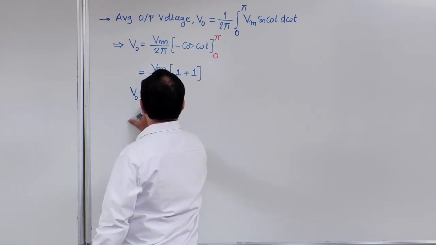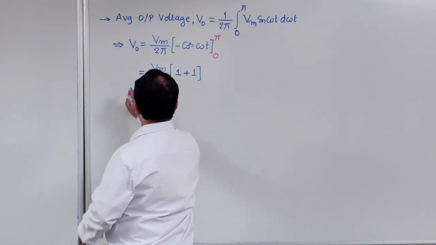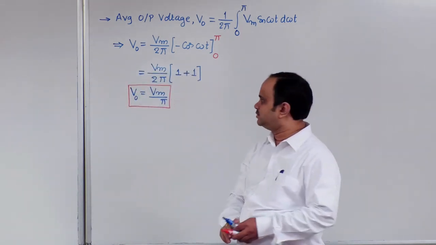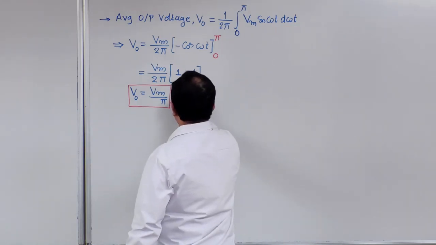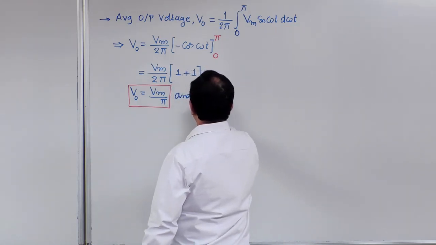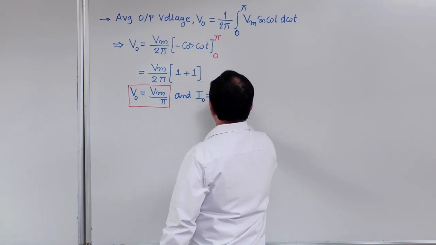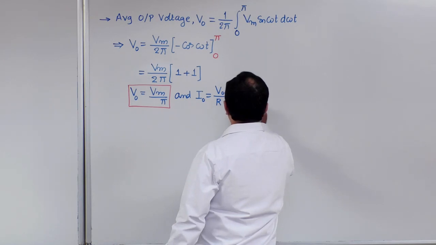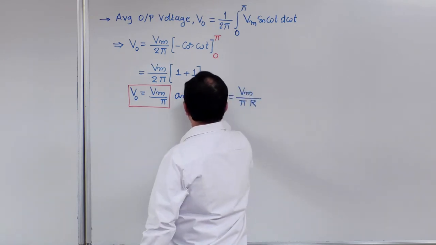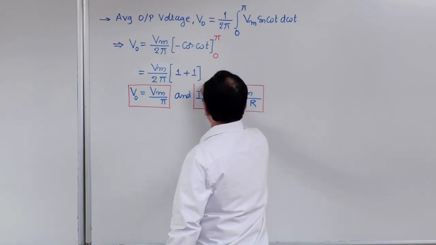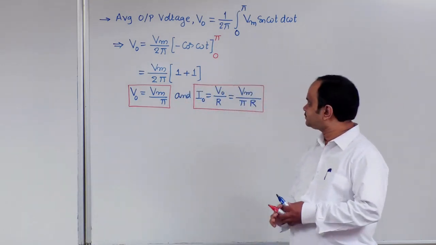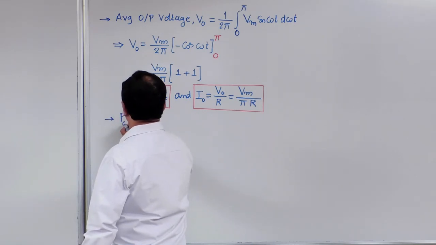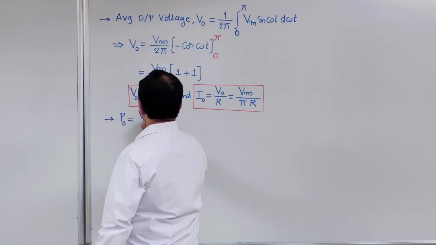So 2 will cancel out, hence it will give you Vm by pi. This is the expression for average output voltage. Okay, next. The average output current I naught can be expressed as V naught by R. If you substitute the V naught value, we will get Vm by pi R. Next.